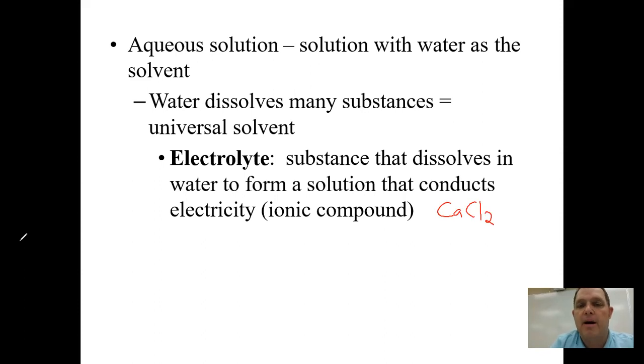That's an ionic compound because it will break down into Ca2+ and 2 Cl minuses. Those charges up top remind us that it's ionic. That will make electricity. In lightning storms, you're not supposed to be in a pool. Well, there's ions in there, and obviously those will conduct electricity.